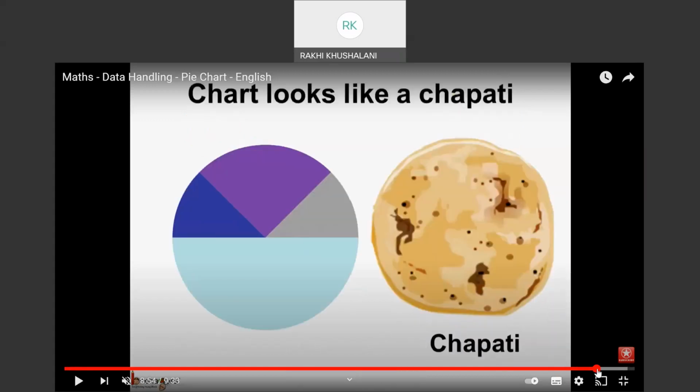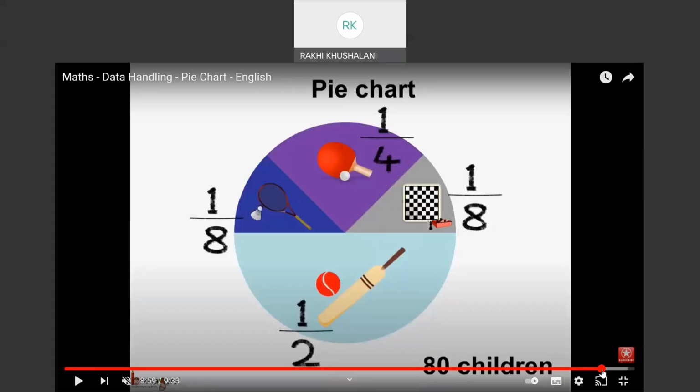So you will understand better, and definitely I will make a point to come back to the pie chart again after doing fractions. The chart looks like a chapati, right? Round, and you eat half of the chapati and mama scolds you. Why did you eat only half chapati and not the full?